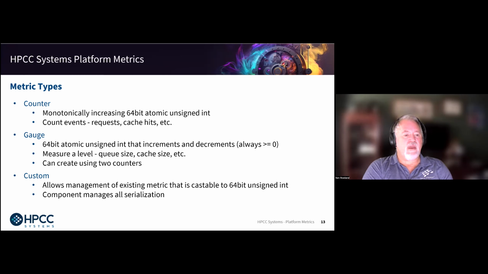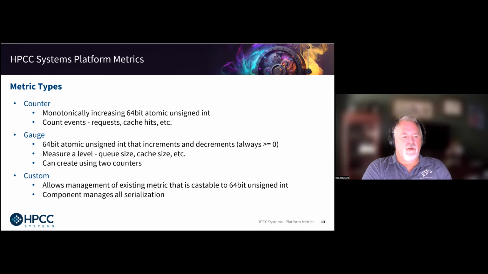The second is a gauge. A gauge is also a 64-bit atomic unsigned integer that increments and decrements. Well, I should say they're both unsigned, but the difference is that a gauge is always greater than or equal to 0. If you try to decrement a gauge that's already at 0, it's not going to decrement and go to a -1 type value.